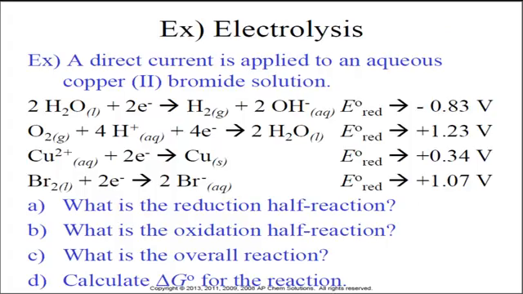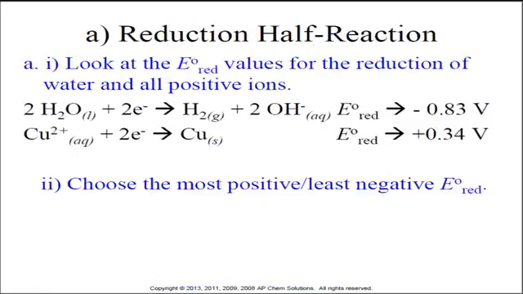Now, if we look at an example here, we've got a direct current applied to an aqueous copper(II) bromide solution. So we want to determine the reduction half reaction, the oxidation half reaction, the overall reaction, and delta G. So we have to look at our reduction potentials for each of our electrolysis reactions here.